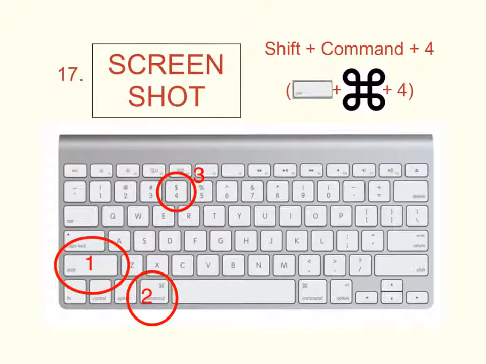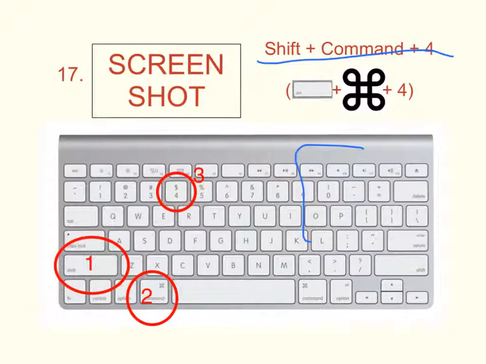Taking a screenshot is super important to know on iPads and laptops. There's two different kinds. Shift Command 4: let's say you're doing a report on a dinosaur and you want to use that dinosaur image in a document, but you want to put it on your desktop first.